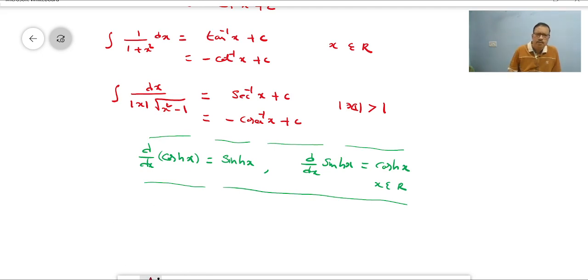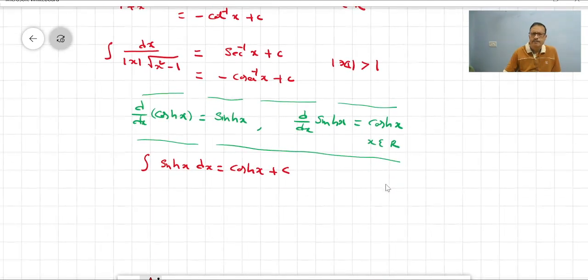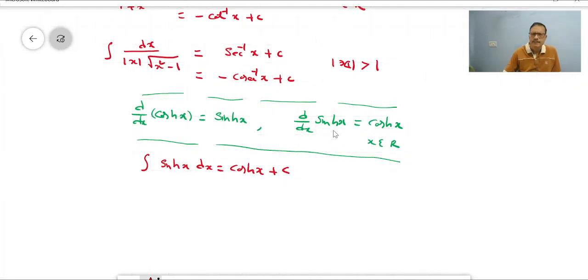So therefore, what you can write? Integrating sin hx, what will you get? Cos hx. So integral of sin hx dx is equal to cos hx plus constant. And integrating cos hx, what will you get? Sin hx.